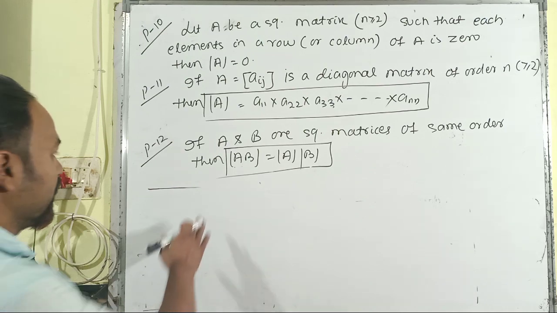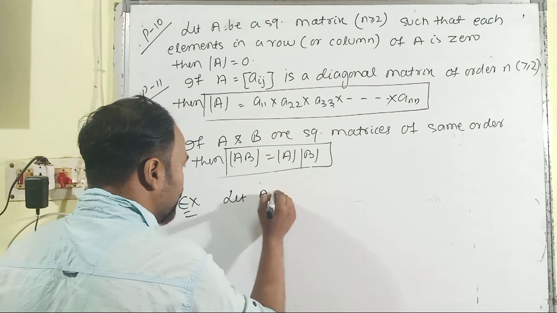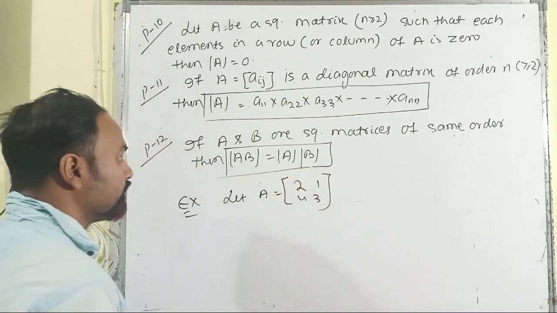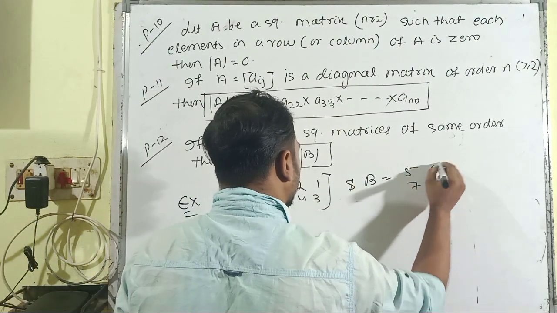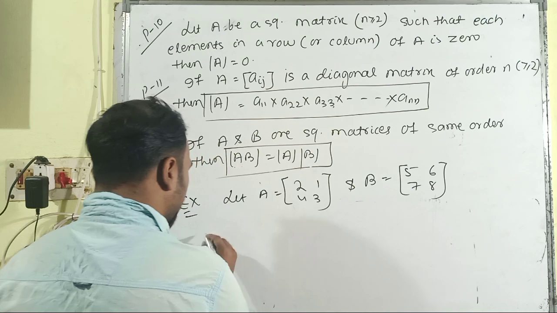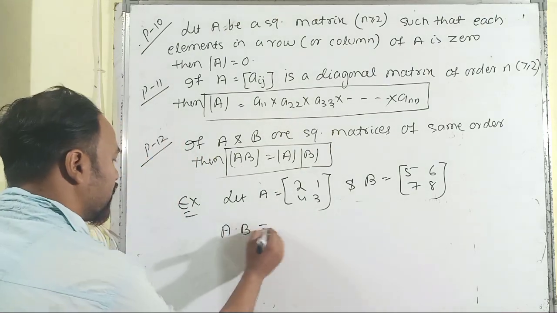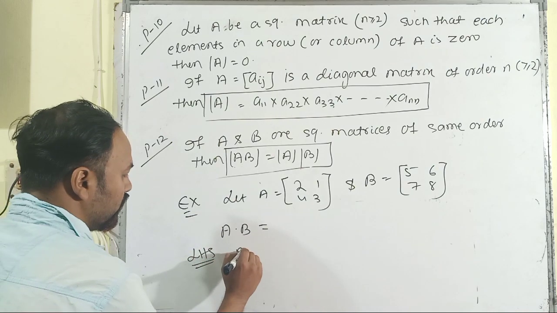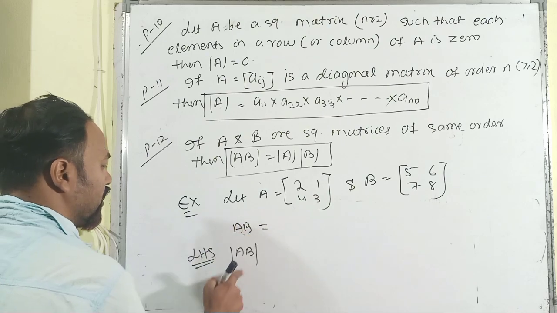Then let us consider an example. Let A be equal to 2, 1, 4, 2, 4, 3. And B is equal to 5, 6, 7, 8. First of all, we have to find the product of A and B. Then on the left hand side, you have to find the determinant of AB.